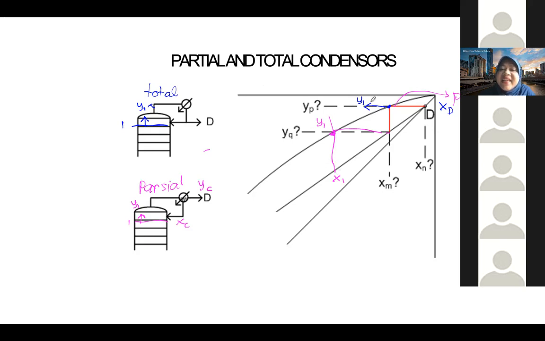Okay, yeah. Maybe in the tutorial, if your friends ask, you can say the first triangle is your total, the second triangle is your partial. Maybe that is the practical way. But the concept is that in the partial condenser, the first triangle is used for the partial condenser.